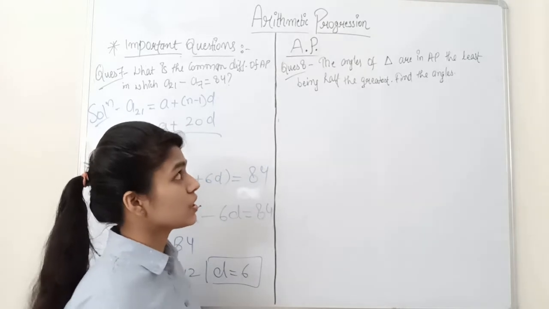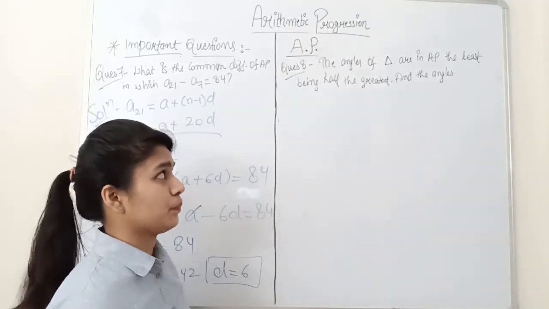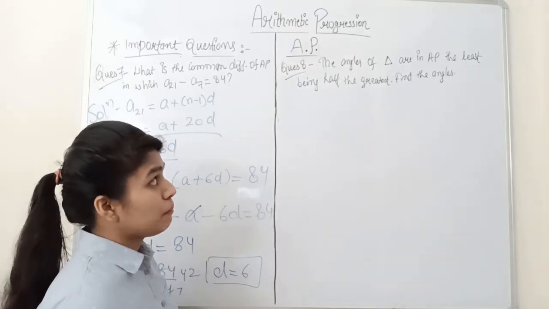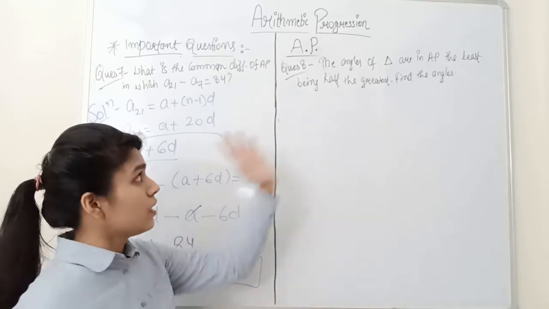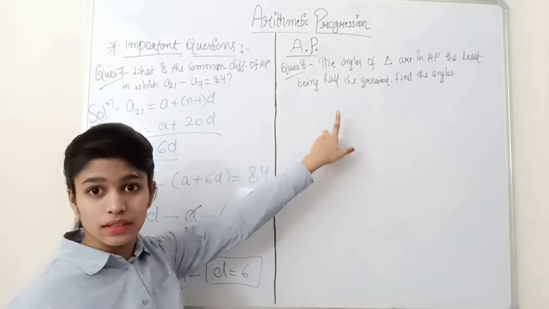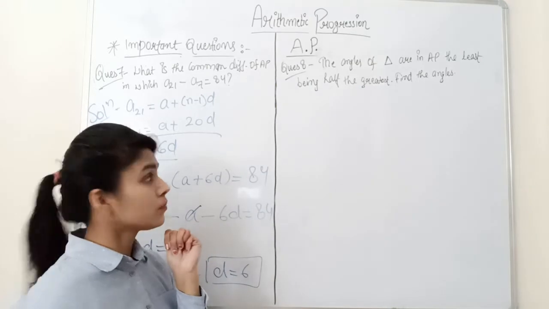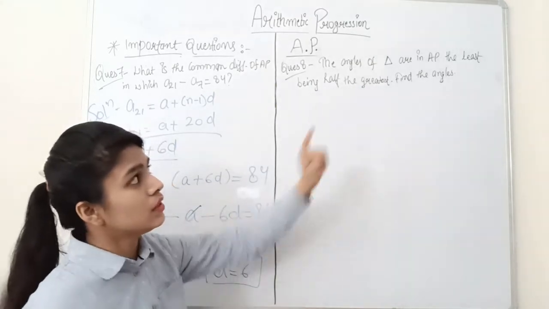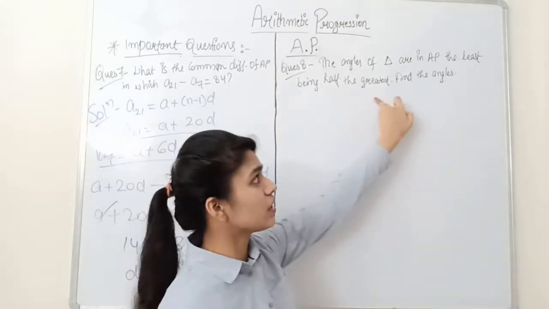Now our next question is, the angles of a triangle are in AP. The least being half the greatest, find the angles. Read the question twice. Angles of a triangle. There are 3 sides of a triangle, so there will be 3 angles of a triangle which are in AP. The least being half the greatest.